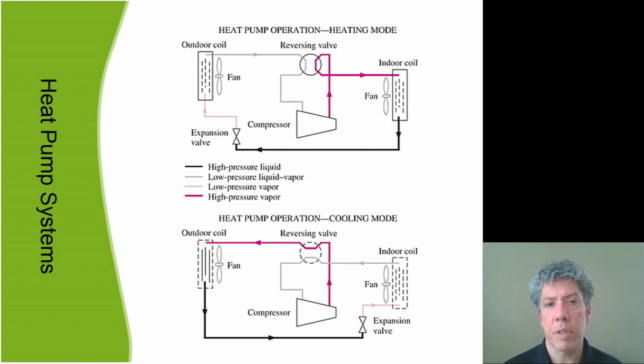Now remember, the refrigerant is still at a high pressure, and so now it has to run through the expansion valve, or an expansion valve. And what you might notice is that there is a direct connection between the indoor and the outdoor coil going through an expansion device. However, typically there are two expansion devices in a heat pump.